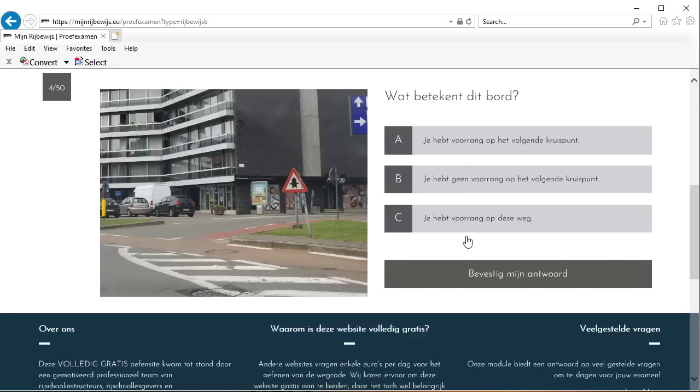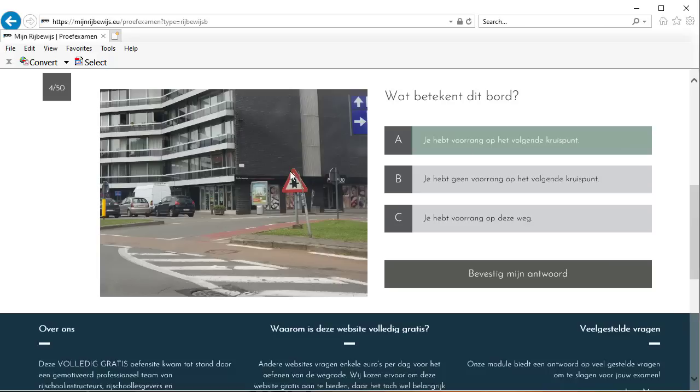What does this board mean? Option A is you have priority at the next crosspoint. Option B is you have no priority at the next crosspoint. Option C is you have priority on this road. The right answer is you have priority at the next crosspoint.